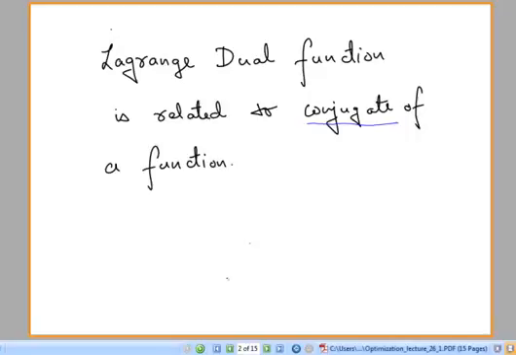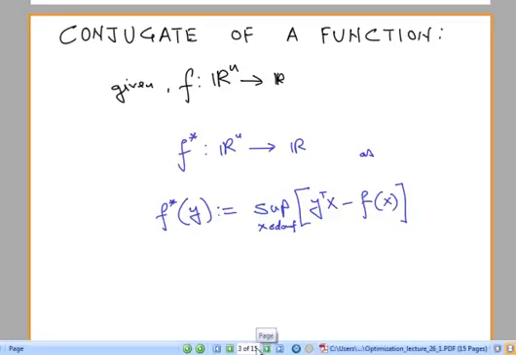So let's bring up the definition. The definition is straightforward. Suppose f is a real-valued function from Rn to R, any function.